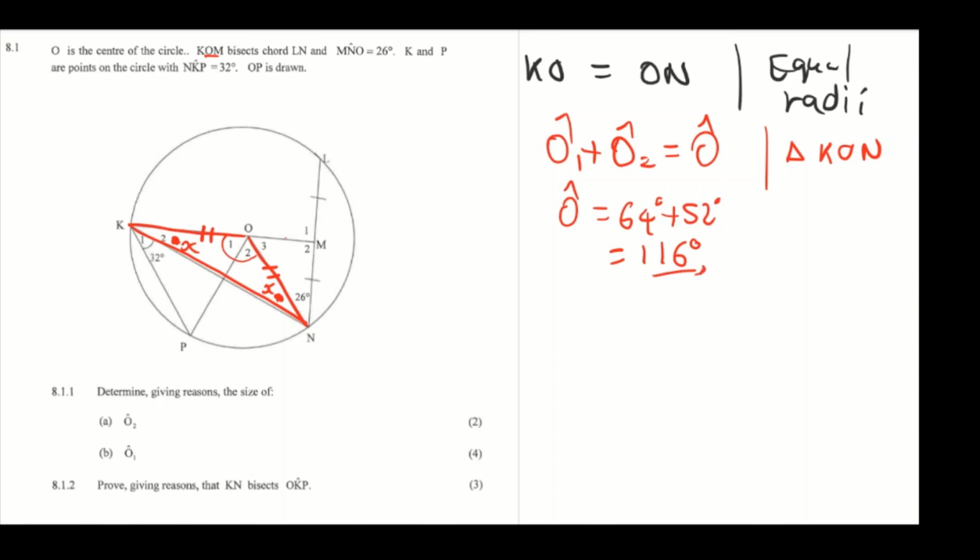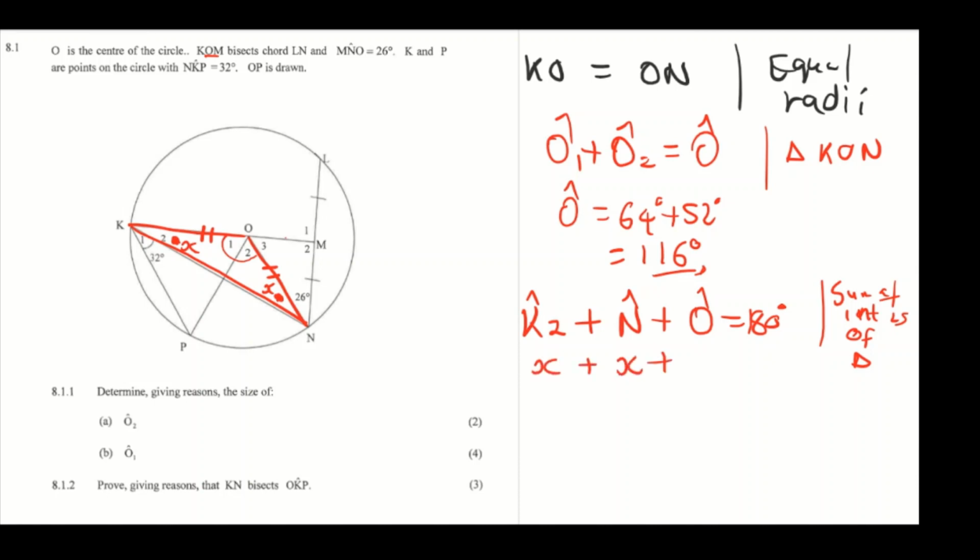In your triangle, you're going to say angle K2, which is what we are looking for, plus angle N plus angle O equals 180 degrees. Reason: sum of interior angles of a triangle. So what is K2? It's x. What is N? It's x. Plus this, which is 116, equals 180 degrees. So 2x equals 180 degrees minus 116.